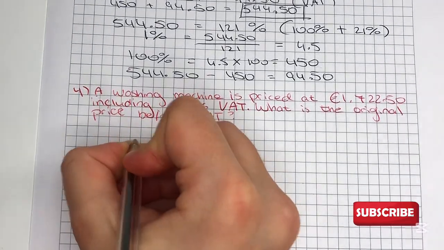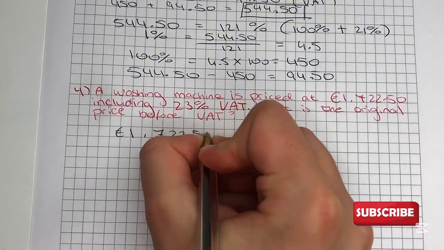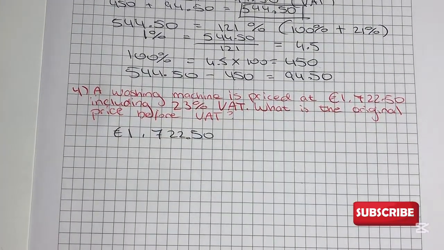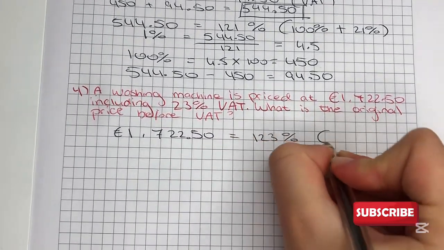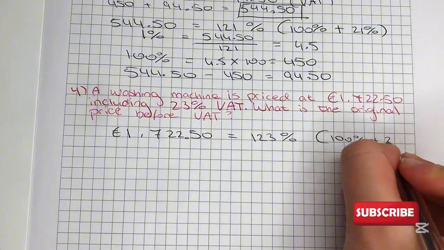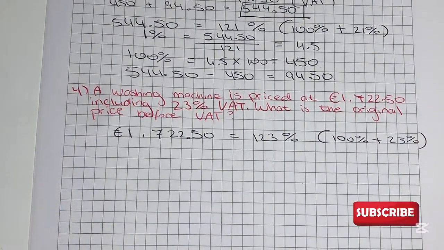So we know that 1,722.50, this is the final amount, okay, that you have to pay. That is 123%. 100% plus 23%, okay? And now we have to find what 1% is.